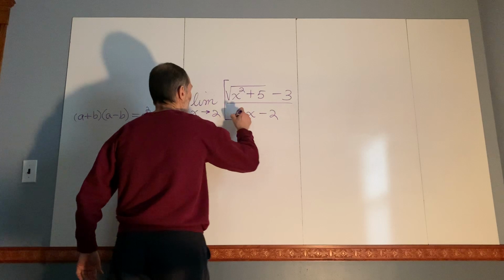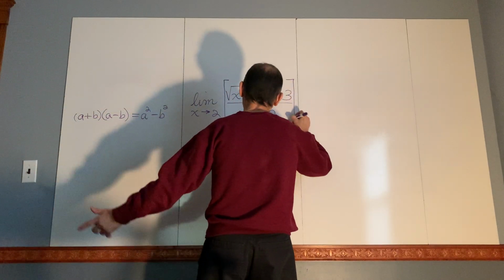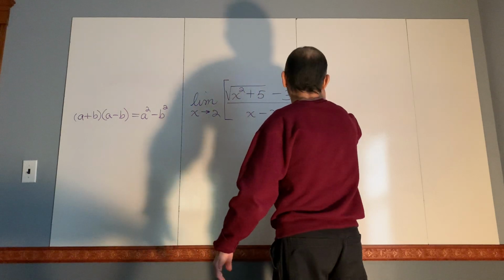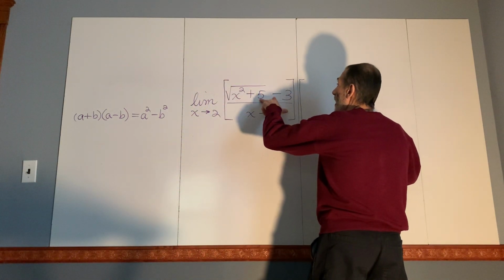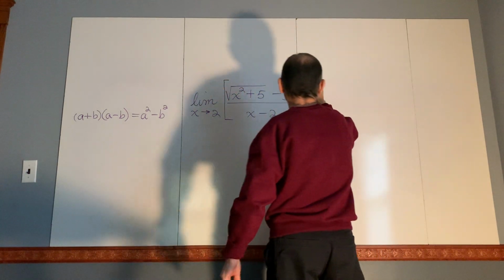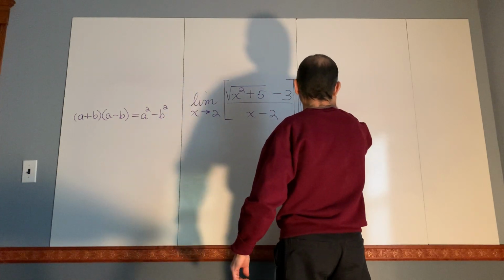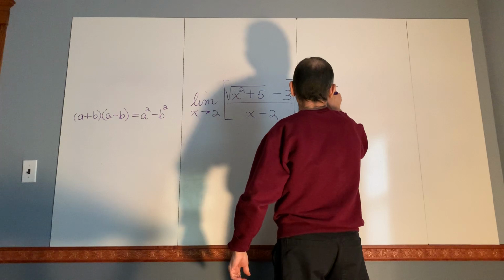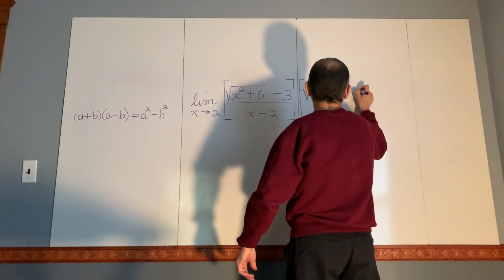We multiply numerator and denominator, and we have to do both because we're multiplying by 1. We do not want to change the value. We multiply by the conjugate of this numerator that contains the radical. So if this is a minus b, the conjugate would be a plus b.